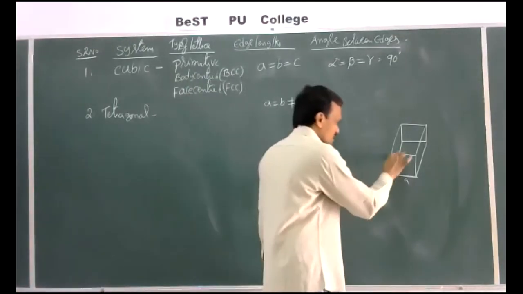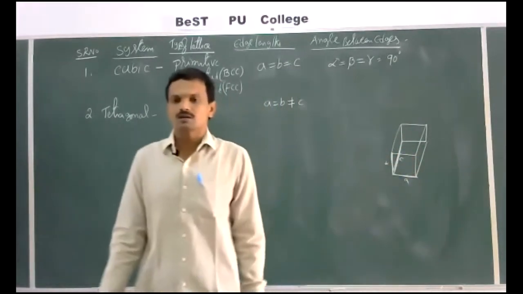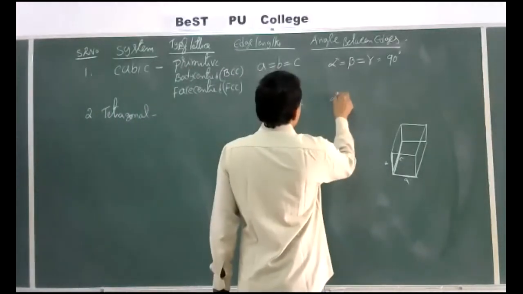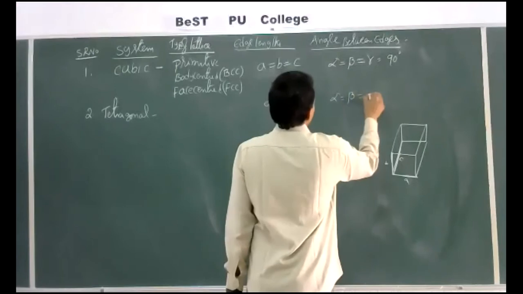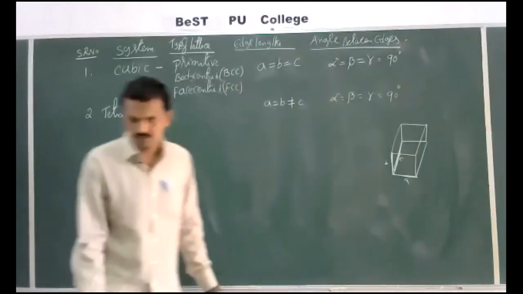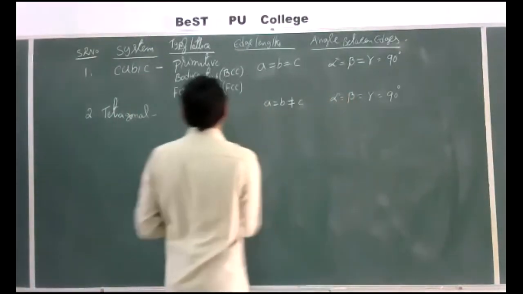All three edges A, B and C are mutually perpendicular to each other. That means all angles are the same. Here also alpha is equal to beta is equal to gamma is equal to 90 degrees. So this is a tetragonal system.